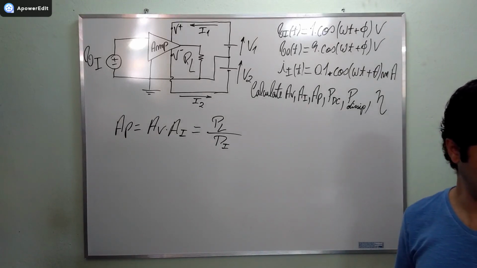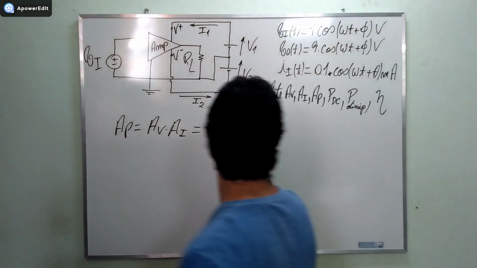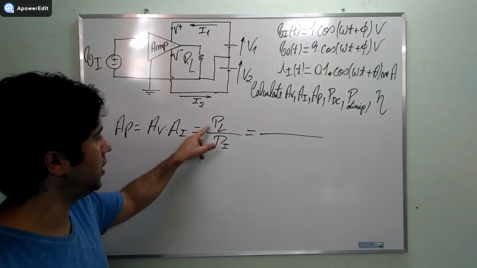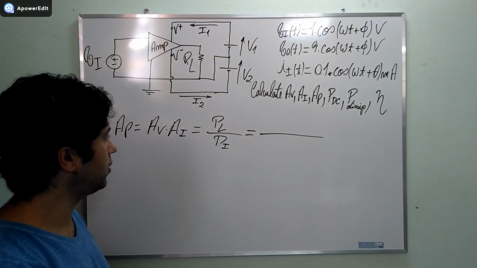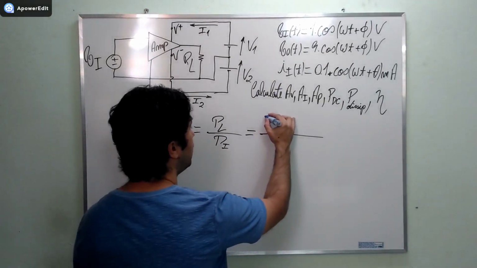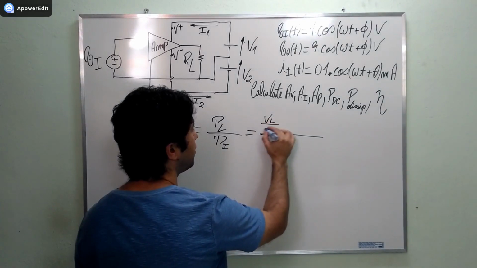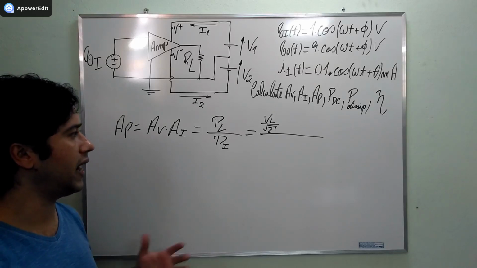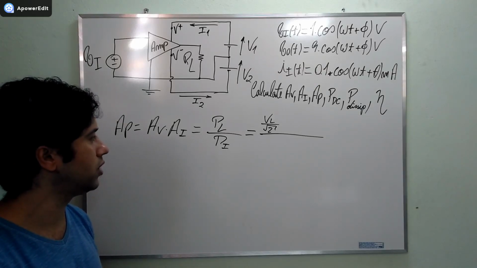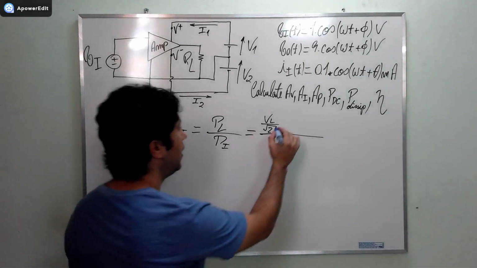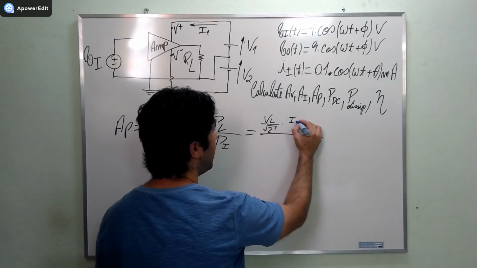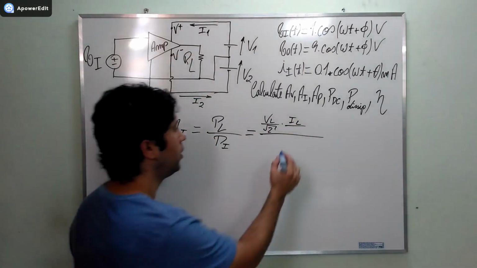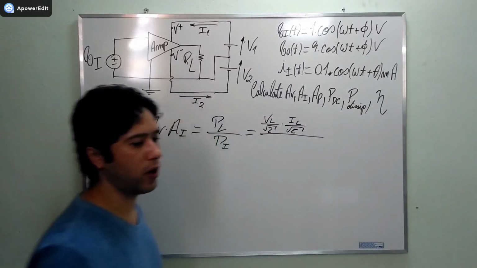But how can we calculate this? The power delivered to the load is going to be equal to the voltage at the load divided by the square root of 2, because when calculating power we have to deal with RMS values and not peak values, times IL, the current that flows in the load, also divided by the square root of 2.